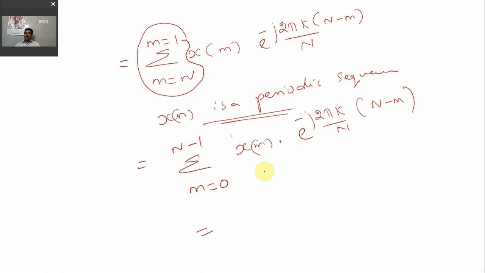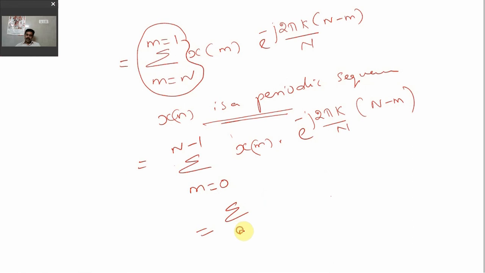So what is its DFT? We are putting n equal to N minus m, and we are going to split.